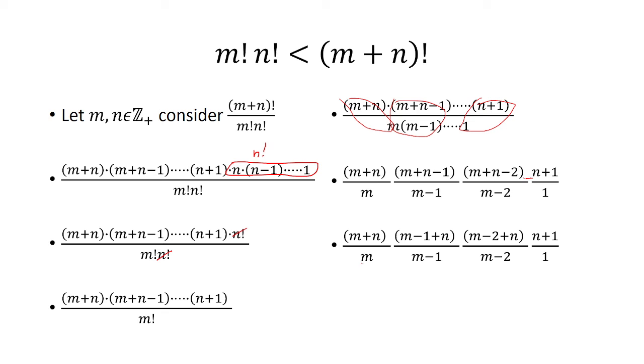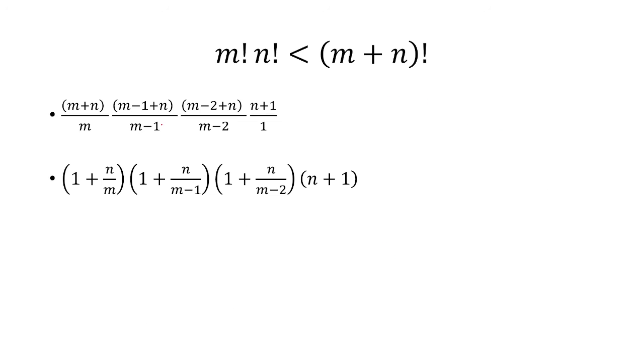Okay, and now I can rewrite this. m minus 1 plus n over m minus 1, you can think of that as m minus 1 over m minus 1 plus n over m minus 1. M minus 1 over m minus 1 is 1, and that's plus n over m minus 1. Okay, so I'm just doing that.